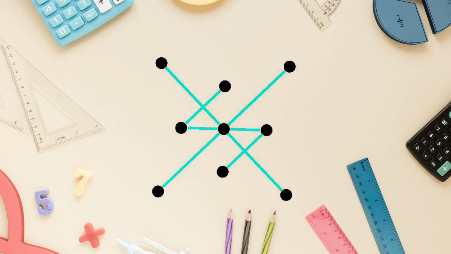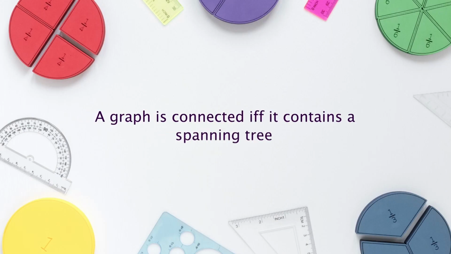It actually characterizes connected graphs. According to this, a graph is connected if and only if it contains a spanning tree. Again, it has two statements. If a graph is connected, then it contains a spanning tree, and if a graph contains a spanning tree, then that graph must be connected.